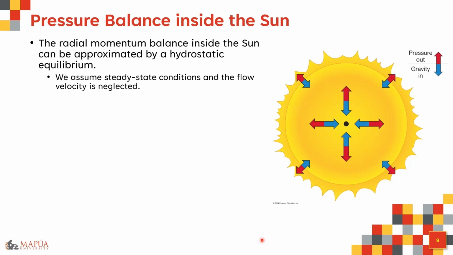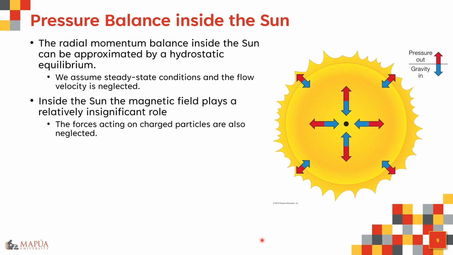Okay? Also, the magnetic field inside the sun is actually insignificant. Okay, because the nuclear processes inside the sun, any magnetic field influences is actually canceled out with each other. Okay? So this also includes electric forces. No?